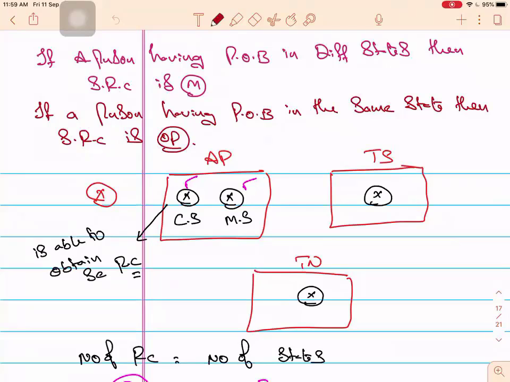My question is, what is the registration Mr. X obtained within AP? Is it SGST registration or CGST registration?